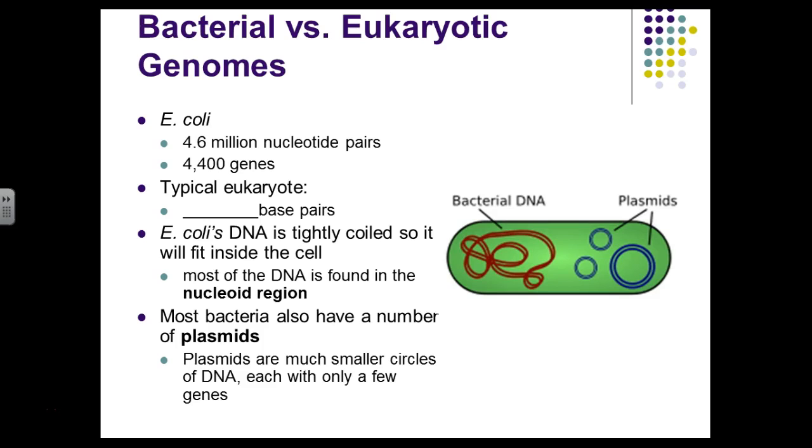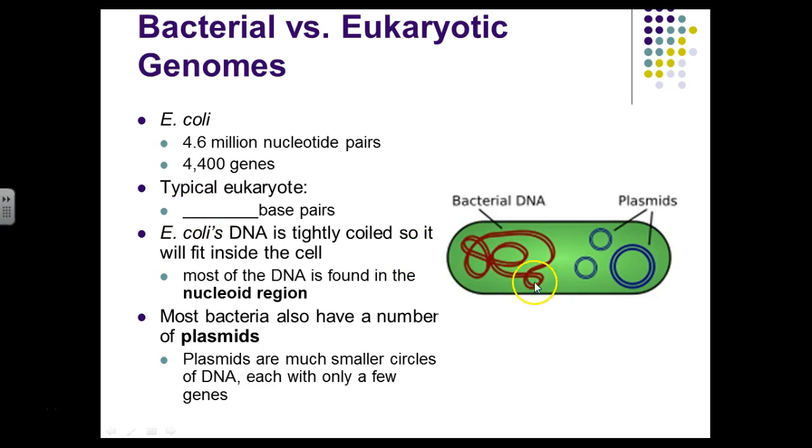Humans would, of course, have 46. Well, in a human, we have about 3 billion, not million, but 3 billion nucleotide base pairs, so 3 billion steps worth of DNA. So obviously that's many, many more than 4,400 genes. We have thousands of genes on each and every one of our 46 chromosomes.